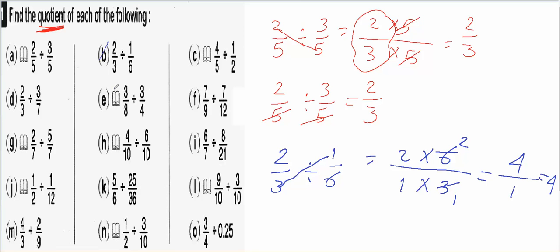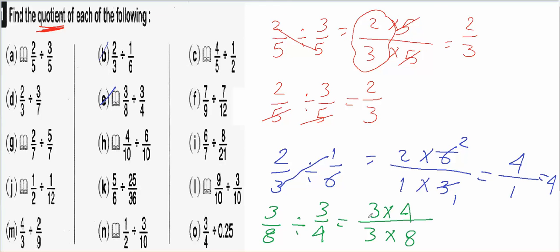What about letter E? Letter E, 3 over 8 divided by 3 over 4. Yes, 3 times 4 over 3 times 8. 3 divided by 3, 1. 3 divided by 3, 1.